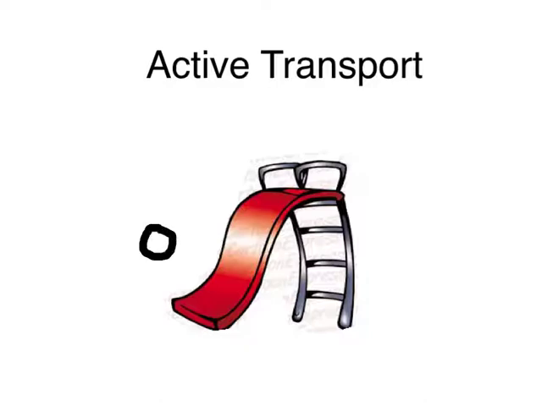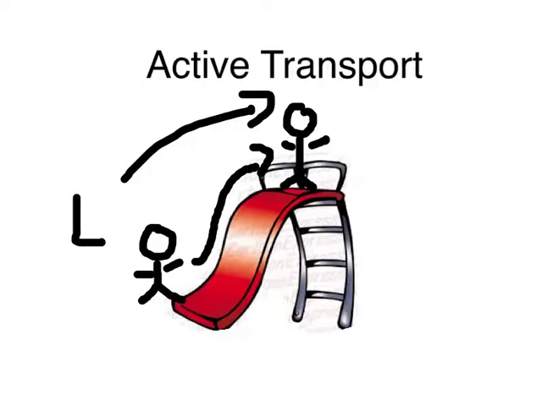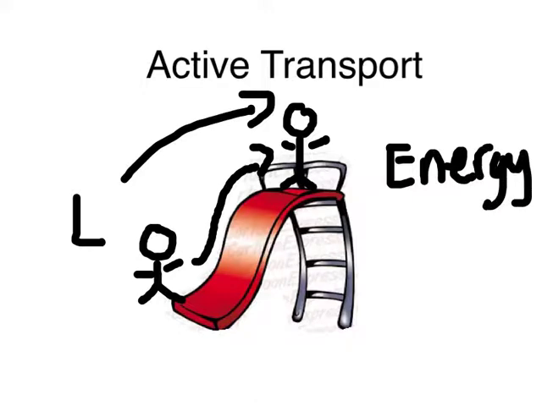This is the kid that refuses to follow the directions and play nice and chooses instead to climb up the slide. So in active transport, you're moving from low concentration to a higher concentration. And if you haven't done this in a while, you may want to try. Climbing up the slide does require energy. It requires a little more effort than sitting at the top and sliding down.